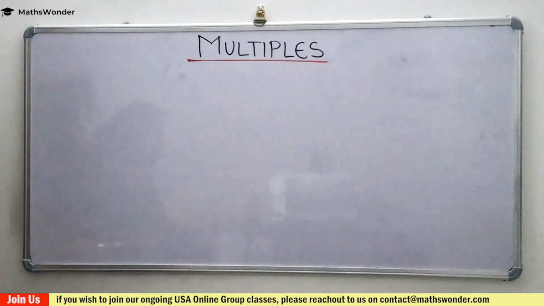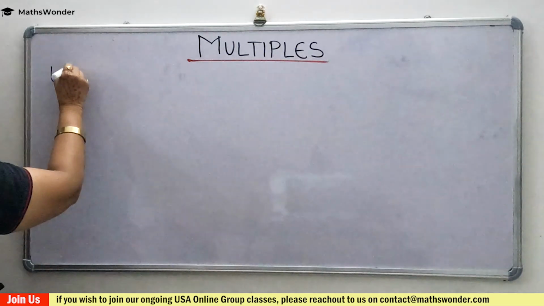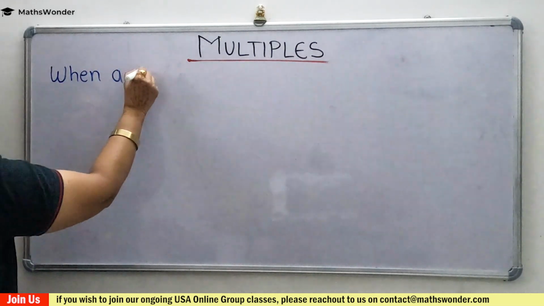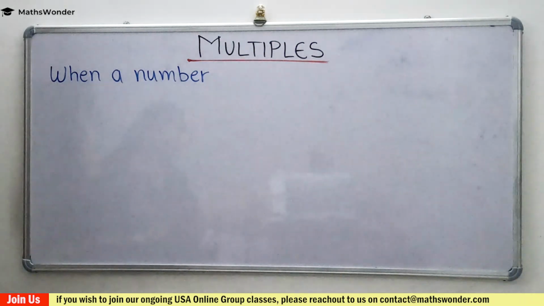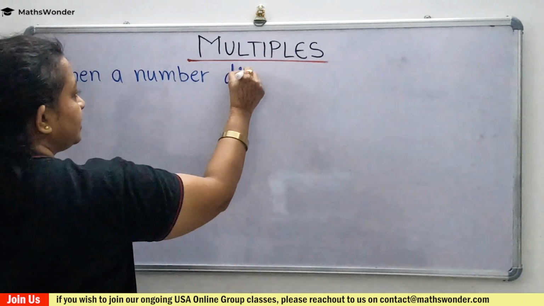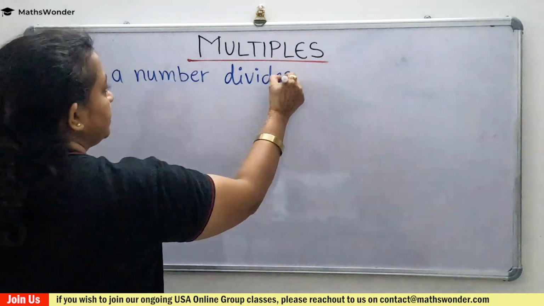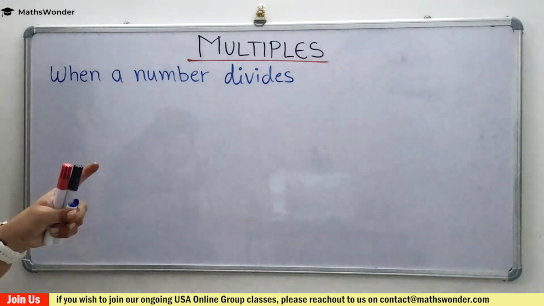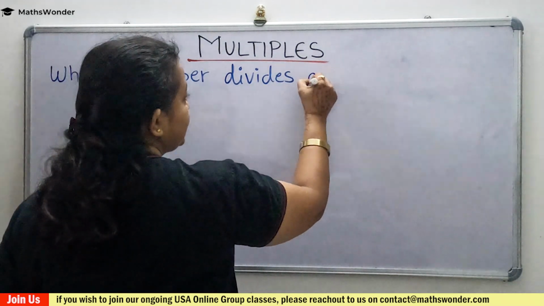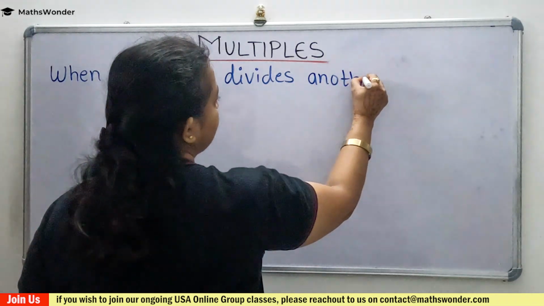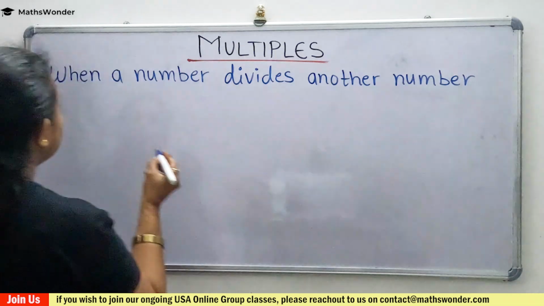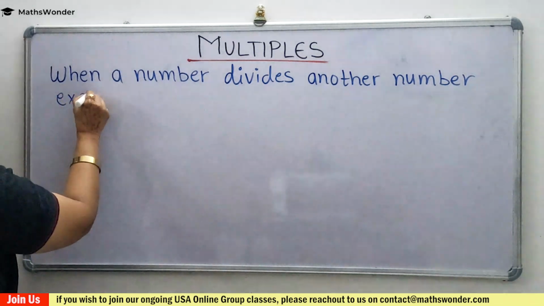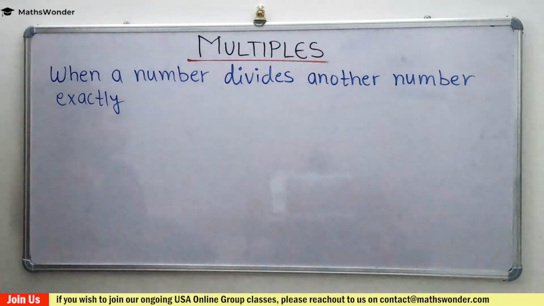Write down the definition of multiples now. When a number divides another number exactly, okay? Exactly means no remainder left, okay?